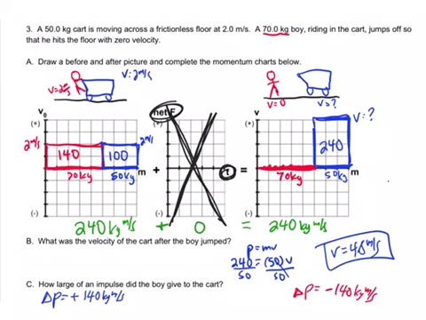So the loss in momentum for the boy was a gain in momentum for the cart. That's just one thing I wanted to show you. That's why I chose problem 3. So hopefully this helps out with 1, 2, 4, and 5.